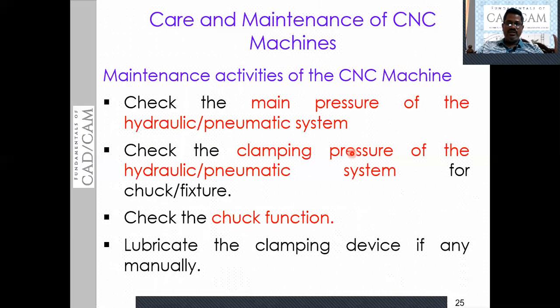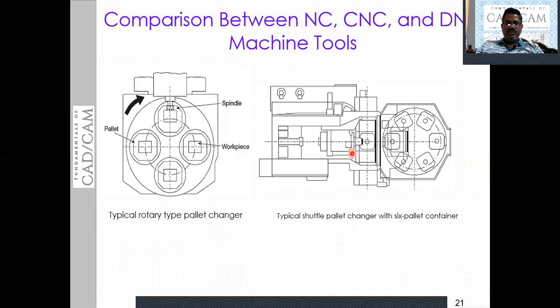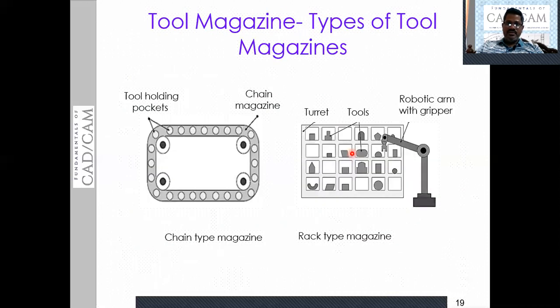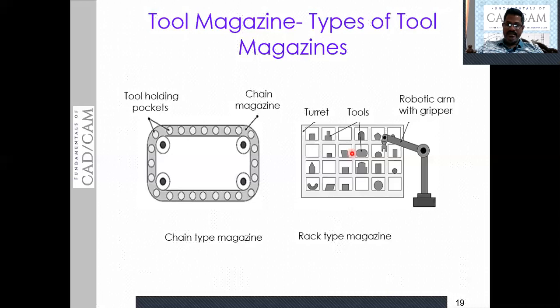Let me go back over what we have discussed so far. We have discussed care and maintenance, and the precautions to take on the CNC machine. Then we discussed the automatic pallet changer, the rotary type, and the different types of magazines: the tool turret, drum type, chain type, and rack type.